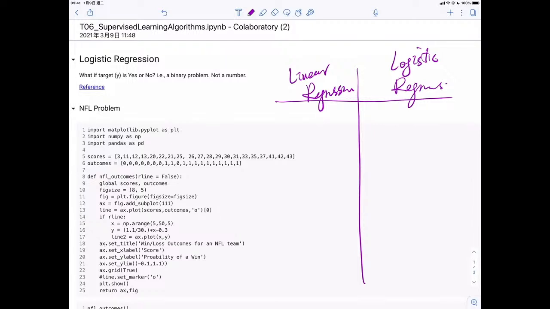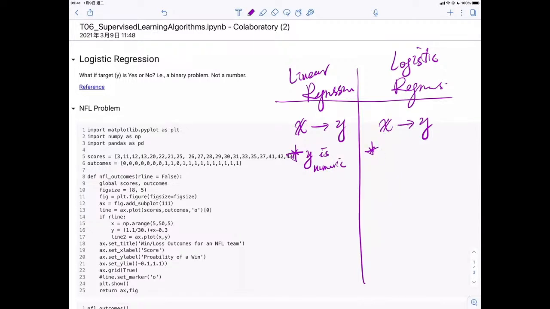basically they both describe the relationship between your input data and a specific column, your target. Okay. However, the difference is right here. In linear regression, Y is numeric.